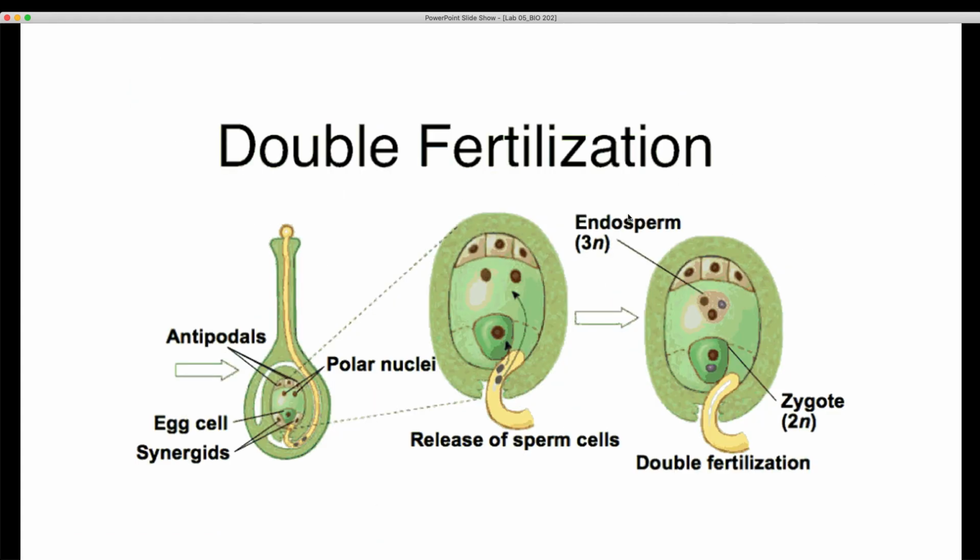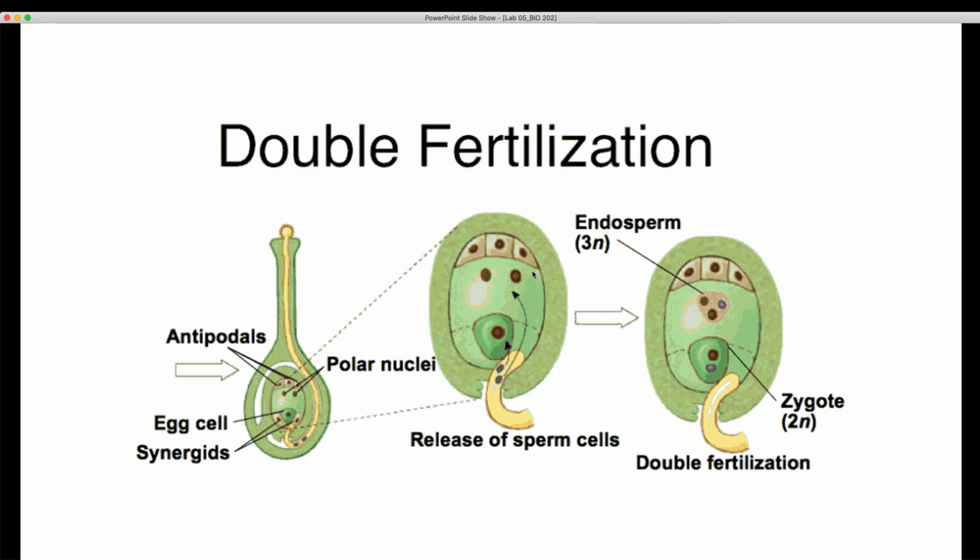So double fertilization, right? When that pollen grain lands on the stigma, it actually has a couple of sperm cells inside of it. So what happens is it's going to go inside the ovule and fertilize one egg cell, and then the other sperm cell fuses with two polar nuclei inside, and that is how we get the triploid endosperm.